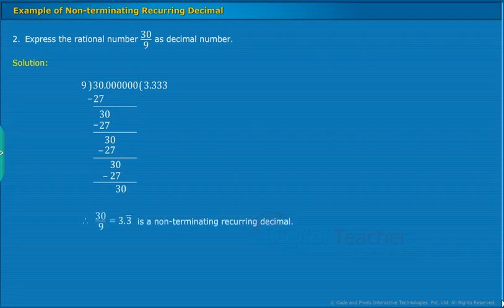Therefore, 30/9 is 3.3 bar, which is a non-terminating recurring decimal.